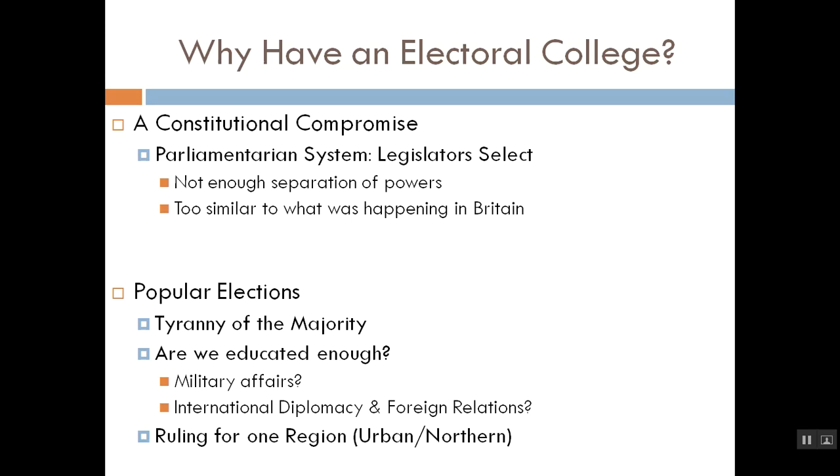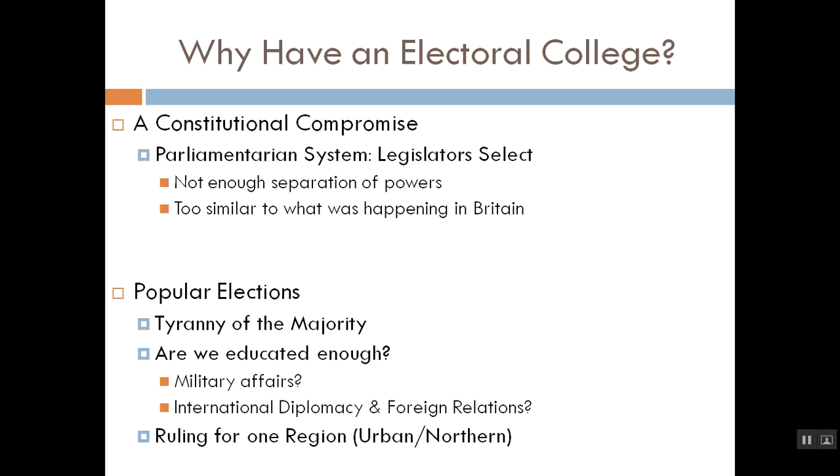Number one, it was too similar to what they had escaped that was happening in Britain. But number two, and more importantly, the parliamentary system is fundamentally incompatible with the constitutional principle of separated powers. Remember, the framers who wrote our Constitution didn't want the executive and the legislative power to be concentrated in any one branch of government.